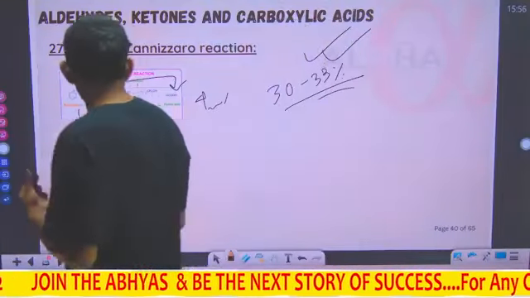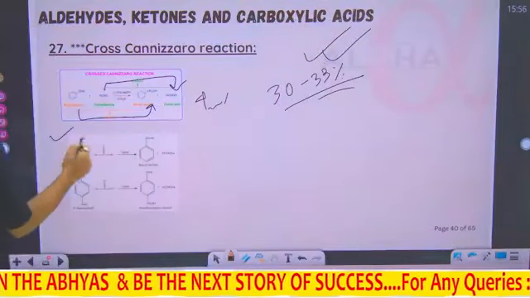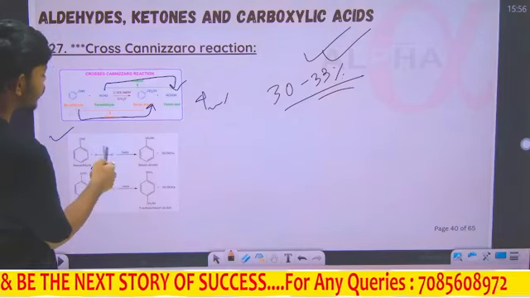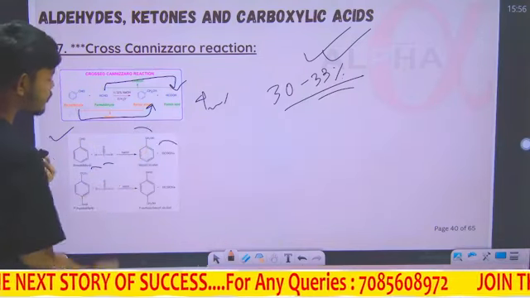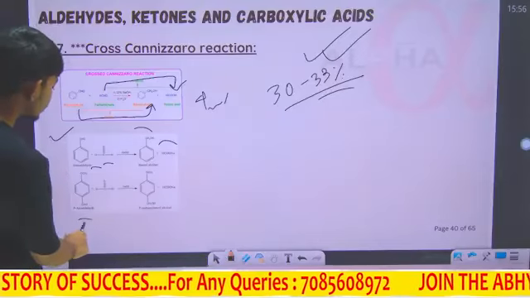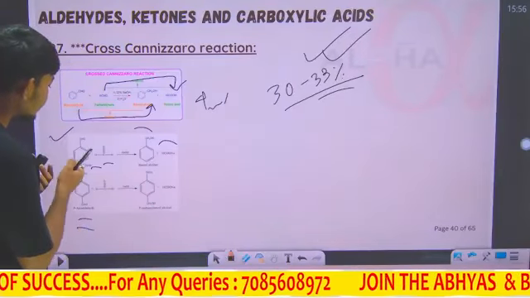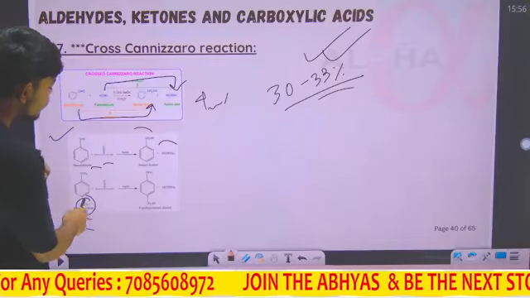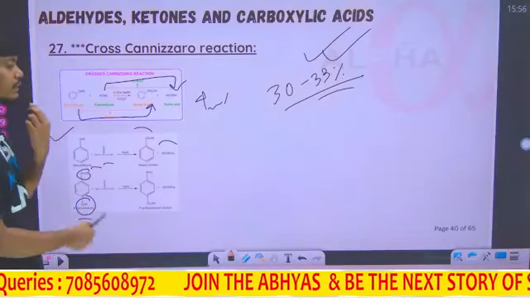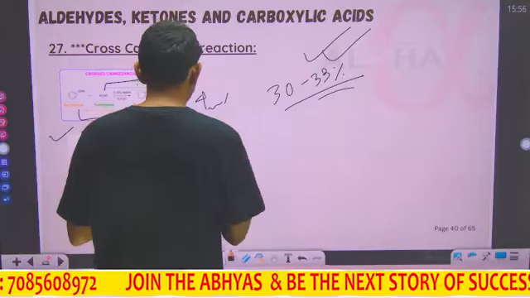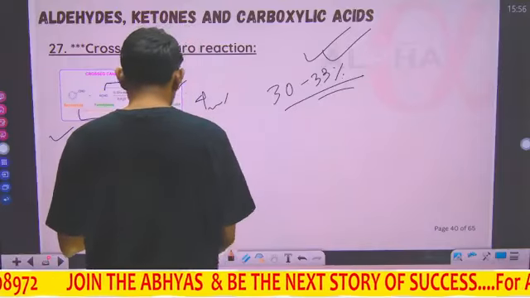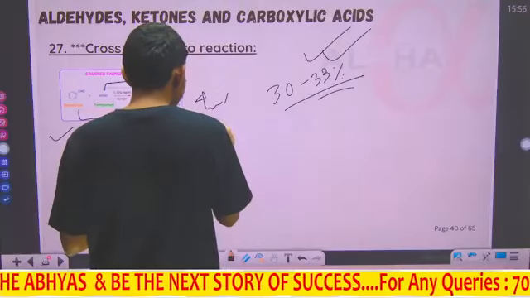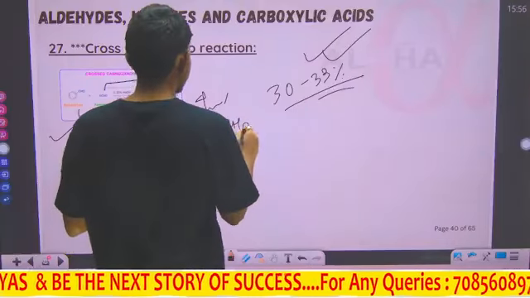One example, same example: benzaldehyde and formaldehyde. Benzaldehyde is converted to your alcohol, formaldehyde to your carboxylate ion salt. Here P-anisaldehyde is present, so the CHO group is present here, and OCH3 will remain as it is. Nothing will happen to OCH3.